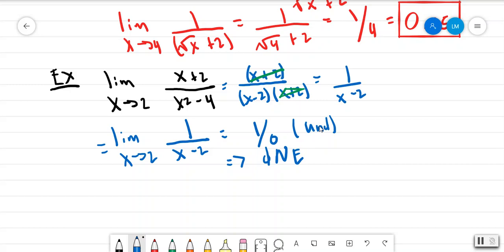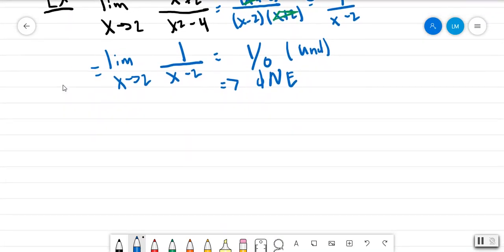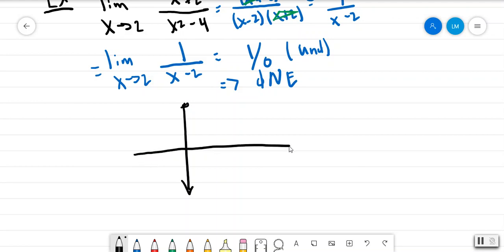Now, you do have some justification for why it does not exist. If we look at the graph of the equation, we would see that there's a vertical asymptote at 2, and the graph would look something like this.